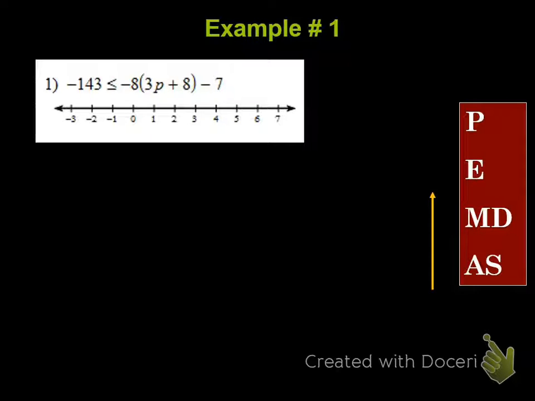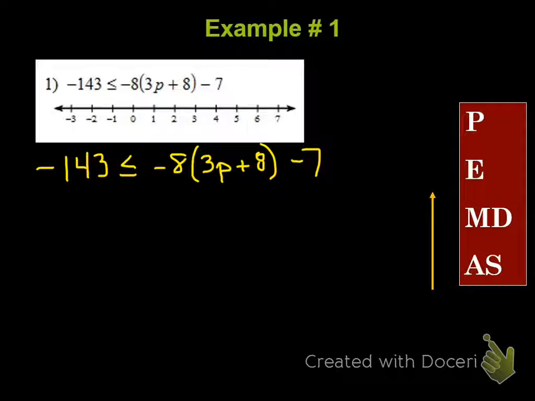So if I take a look here at my inequality, I have negative 143 is less than or equal to negative 8 times 3p plus 8 minus 7. So just like in my multi-step equations, I can draw that line at the inequality symbol, just like the equal sign in my equations, and now I need to simplify.